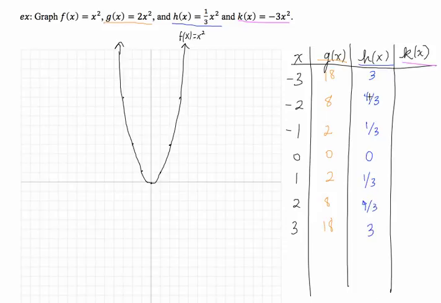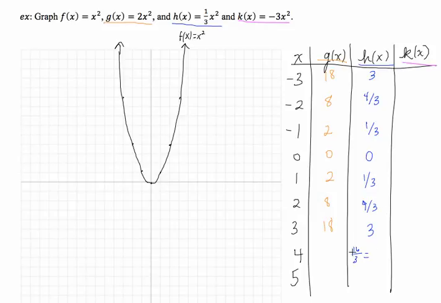Now in that one we may need more points actually because these y values only vary between 0 and 3. So let's plug in 4 and 5 in just for h of x. If we plug in 4, we have 4 squared is 16 divided by 3. That's 16 thirds. We need to think of that as a mixed fraction in order to graph it.